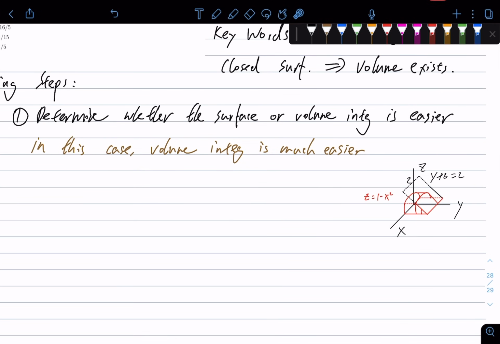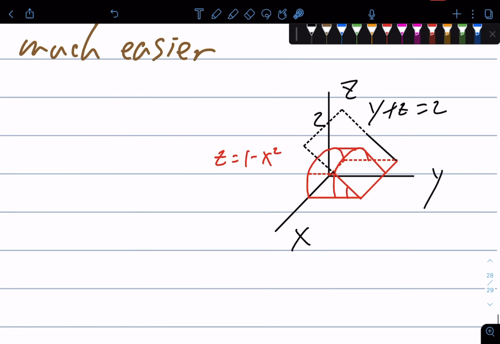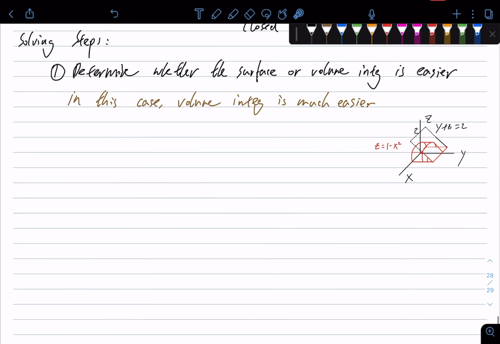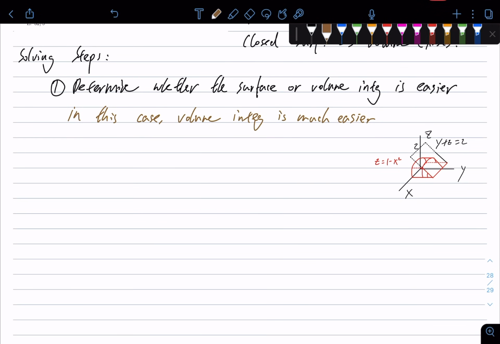So again, as we have discussed before, this object will have multiple surfaces, and they are very hard to compute, in fact. But there's again still one volume, right? So in most cases for the divergence theorem, we should stick to the volumetric integral.